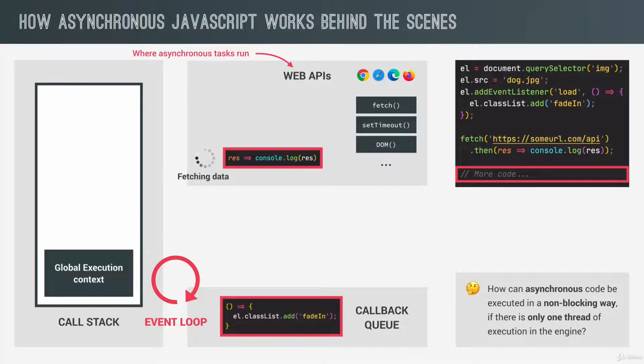Now in this example, there are no other callbacks in the queue yet, but there could be, of course. So if there were already other callbacks waiting in line, then this new callback would go straight to the end of the queue, and there it would sit patiently for its turn to finally run.